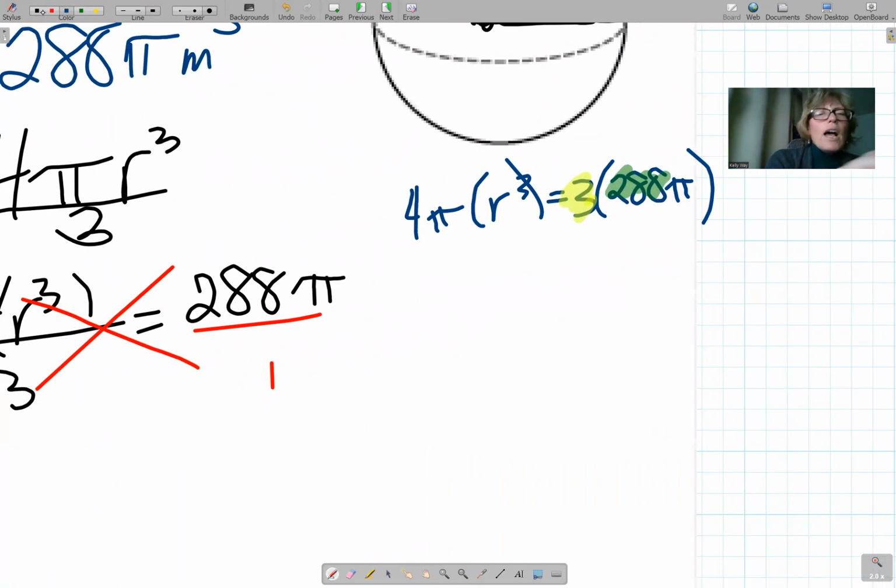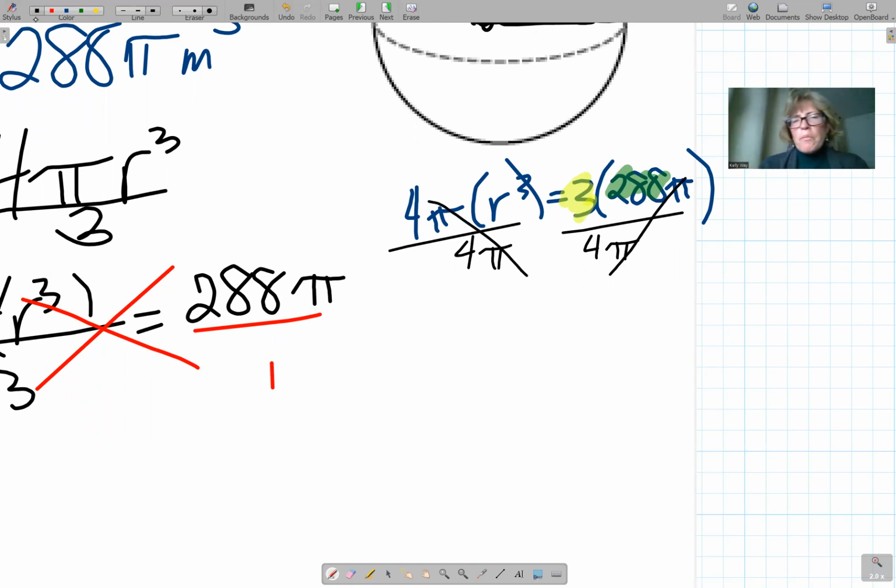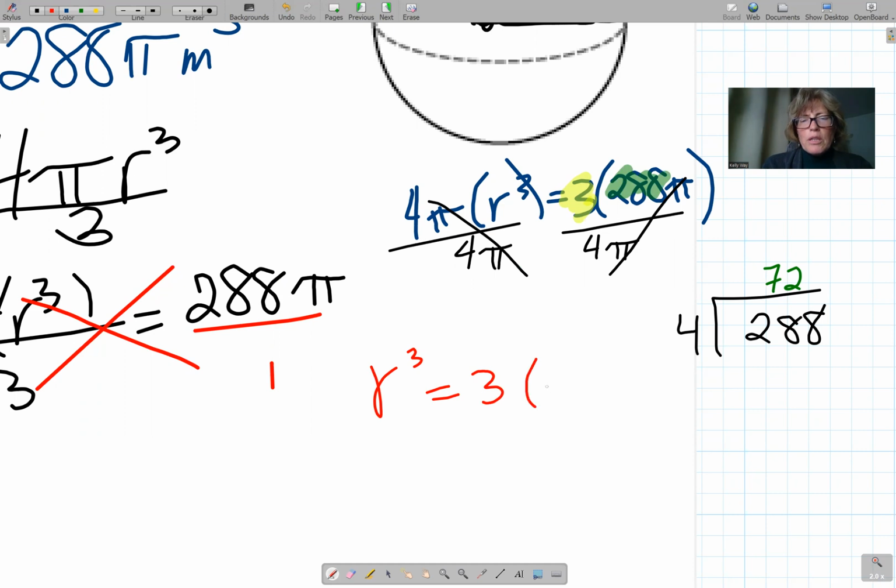We're going to divide out the 4 and the pi because we're trying to get that radius by itself. Obviously, the pi's cancel. We know 4 doesn't go into 3, but it's going to go into 288. I'm going to do that longhand in the margin here. 4 goes into 28 7 times. 4 goes into 8 twice, 72. So I have r cubed equals 3 times 72.